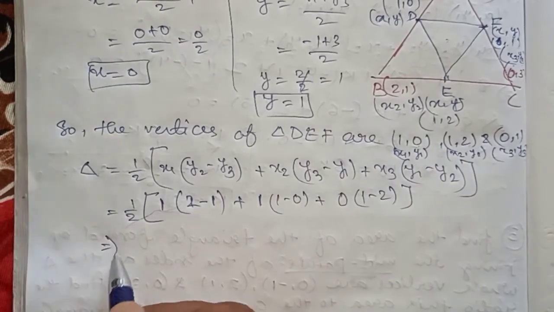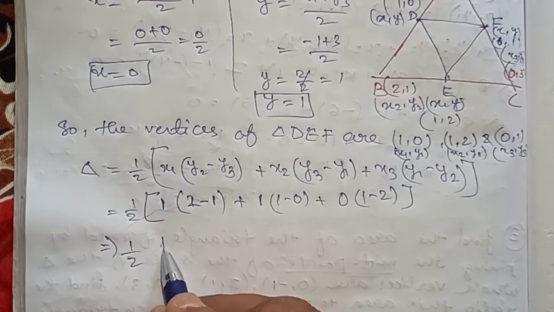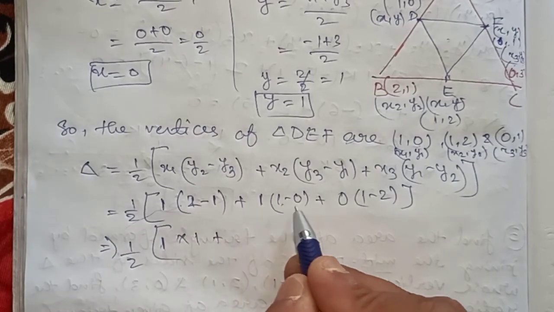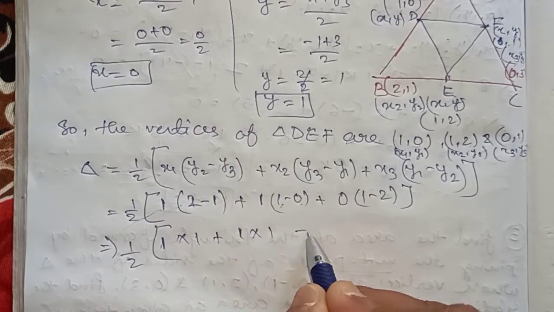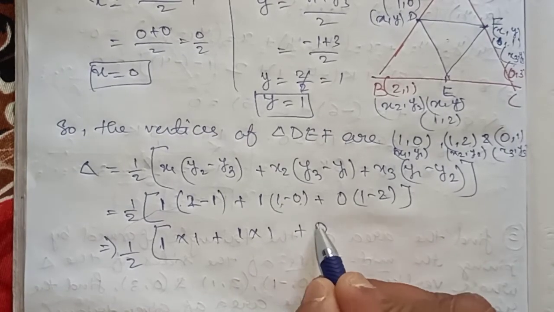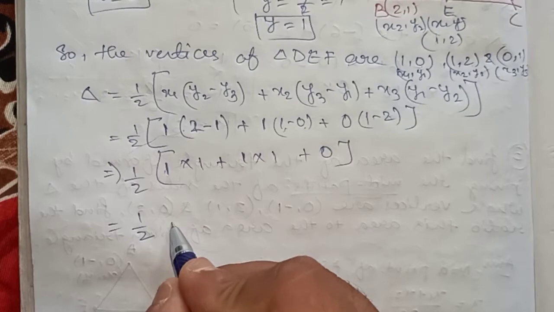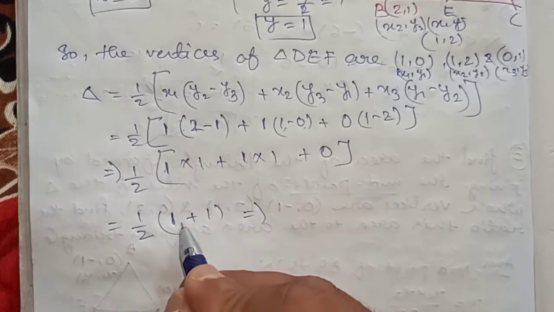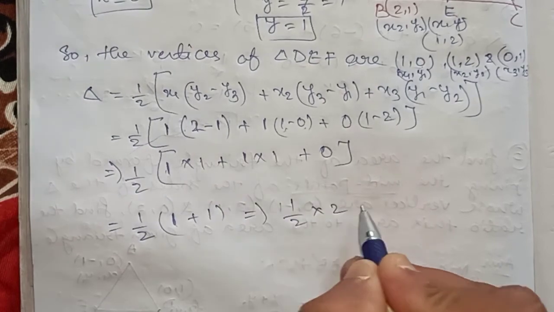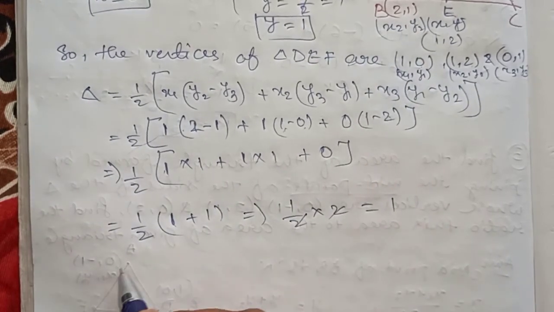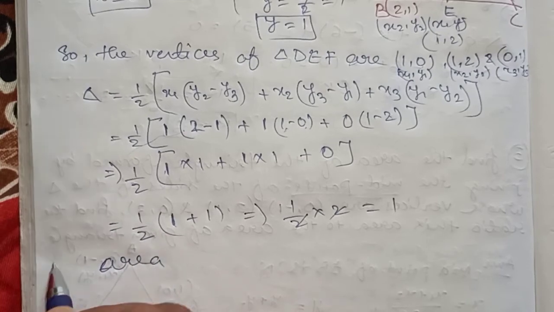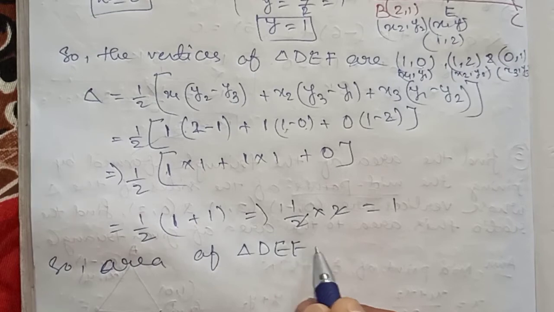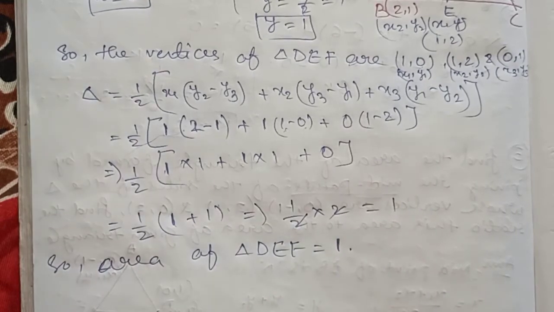Now half, 1 into 2 minus 1 is 1, plus 1 into 1 minus 0 is 1, and 0 into anything is 0. So half times (1 plus 1), that is half into 2, which is 1. So the area of triangle DEF is 1.